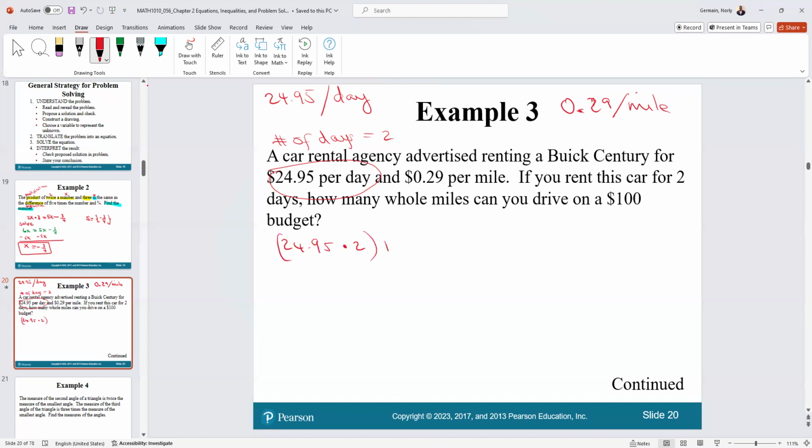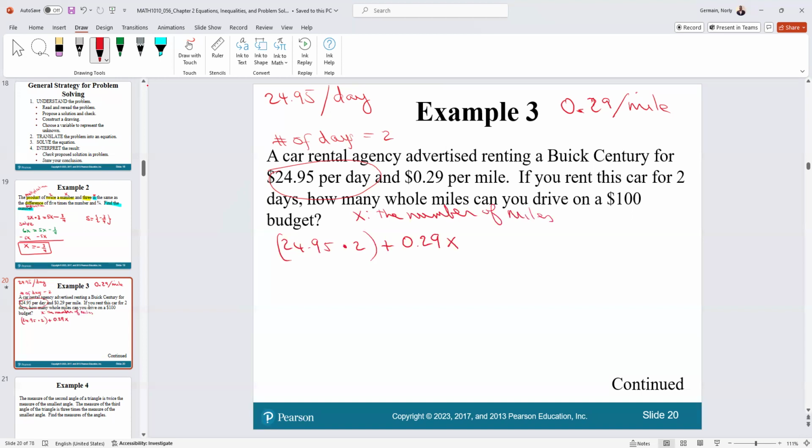Now, plus the number of miles, because you know the number of days. They don't say x days, they said the number of days. Now, if you put miles on it, if for 1 mile you put 29 cents, I mean, if you drive x miles, because we don't know yet, we're going to just use x to represent the number of miles.